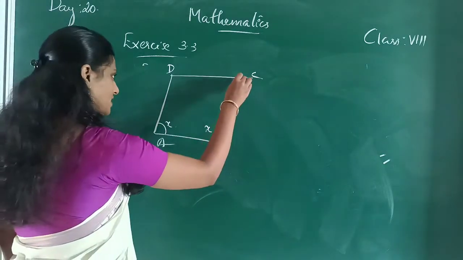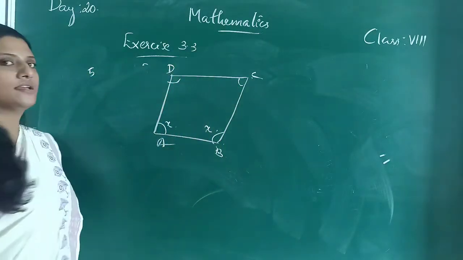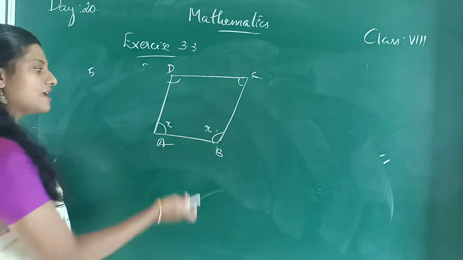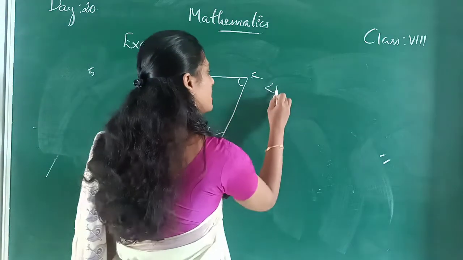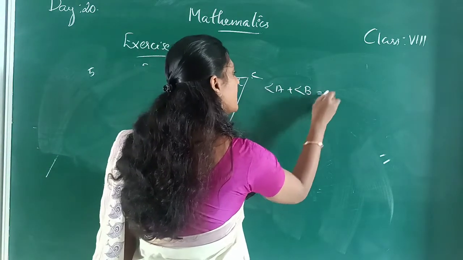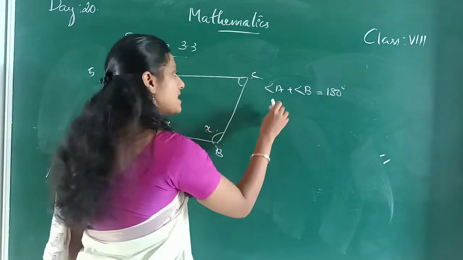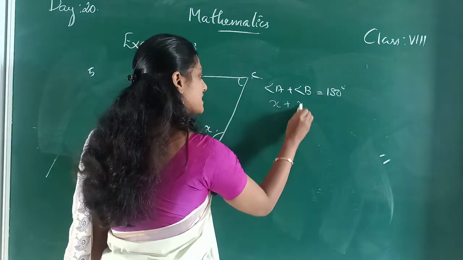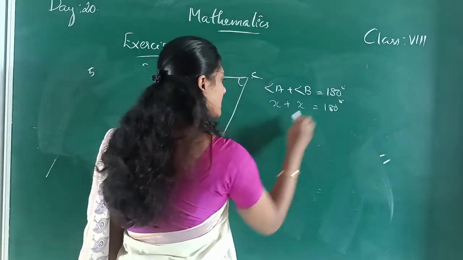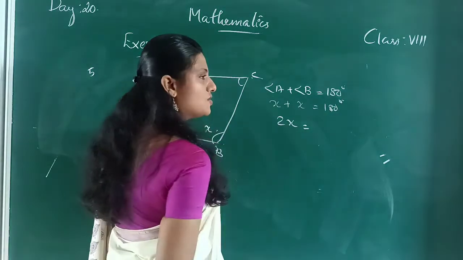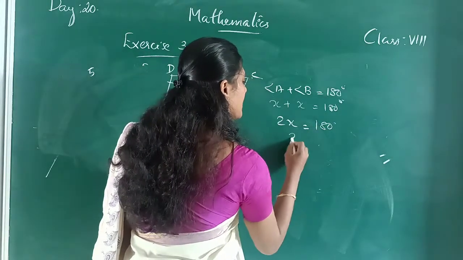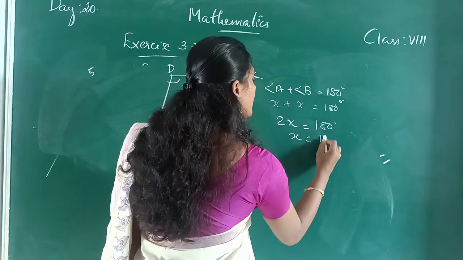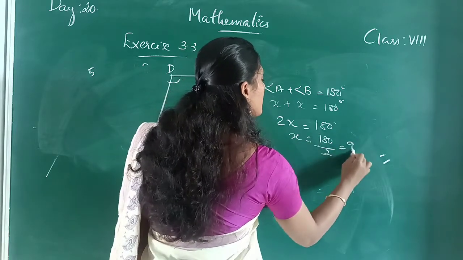So you have to find C, D. Can you find? The same method. Angle A plus angle B is equal to 180 degree. That is, x plus x is 180 degree, or 2x is equal to 180 degree. x is equal to 180 divided by 2, 90 degree.